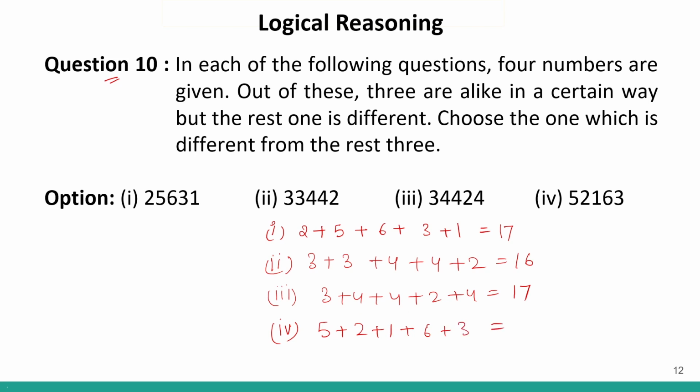So 5 plus 6 is 11. 11 plus 2, 13. 13 plus 1, 14. And 14 plus 3, 17. So for options 1, 3 and 4, the sum of the digits is 17. But for option number 2, the sum of the digits is 16. Therefore, the correct answer for odd one out will be option number 2, because this is different. Clear?